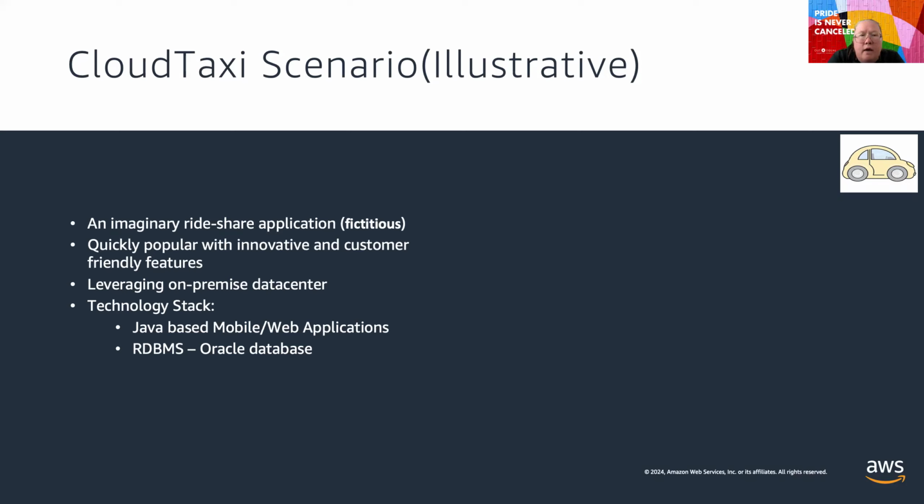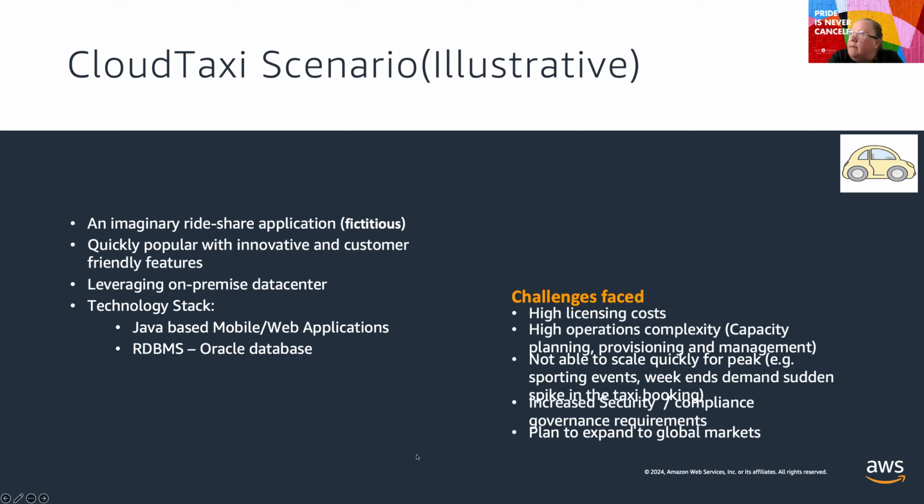So they have a lot of Java, they have their web applications, they have a very traditional client-server, or let's say even 3-tier application model. They have an RDBMS, which is an Oracle database. They have certain challenges that relate to databases and of course also cost. So let's see what those challenges could be.